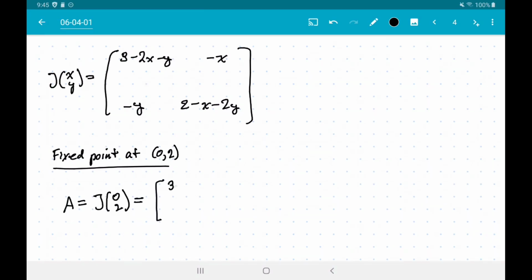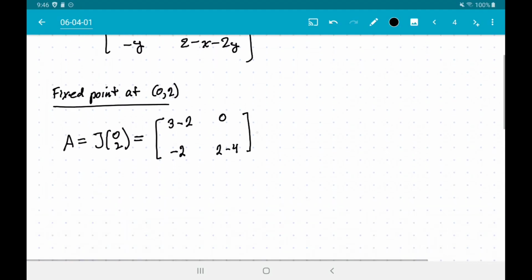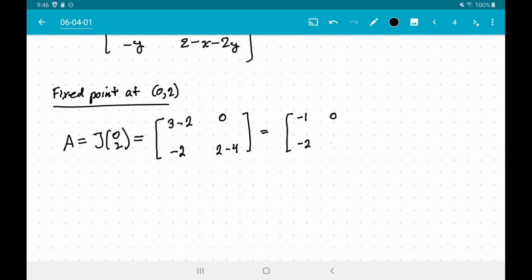So this is 3 minus 2, minus 2 here, 0 here, and 2 minus 4 here. And when the dust settles, you get minus 1 here, minus 2 here, 0 here, and minus 2 here.